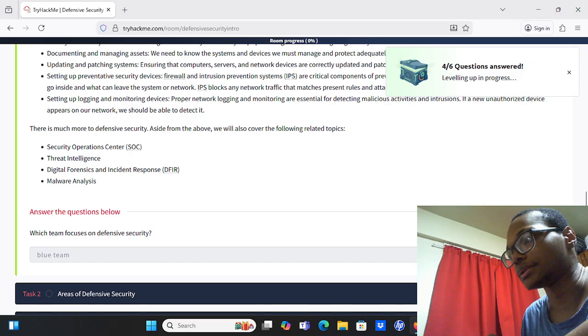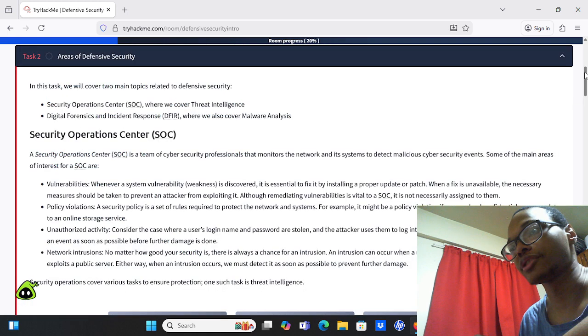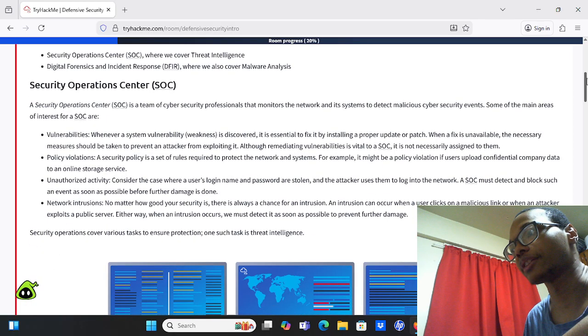In this task, we will cover two main topics related to defensive security. Security Operations Center, SOC, where we cover threat intelligence. Digital Forensic Incident Response, DFIR, will also cover malware analysts. Security Operations Center is a team of cybersecurity professionals that monitors the network and the system to detect malicious cybersecurity events.